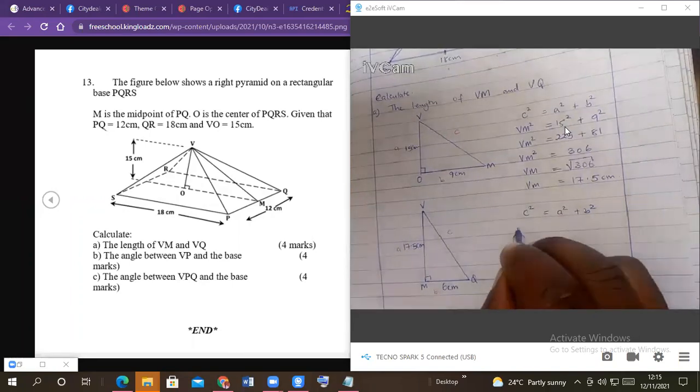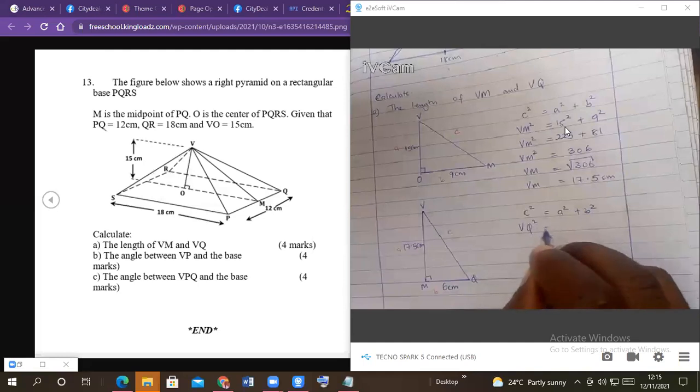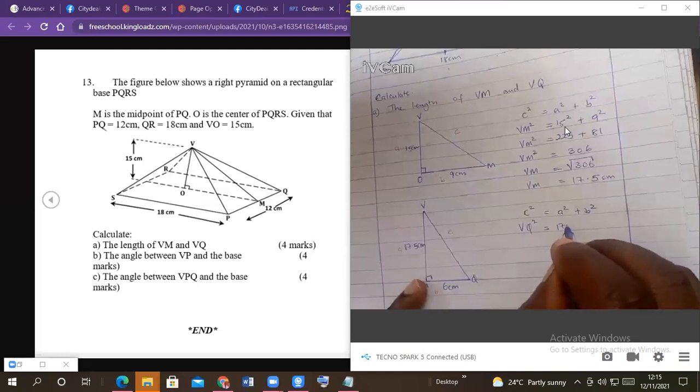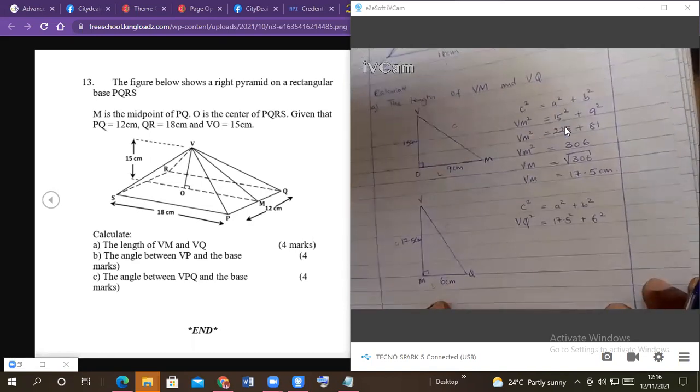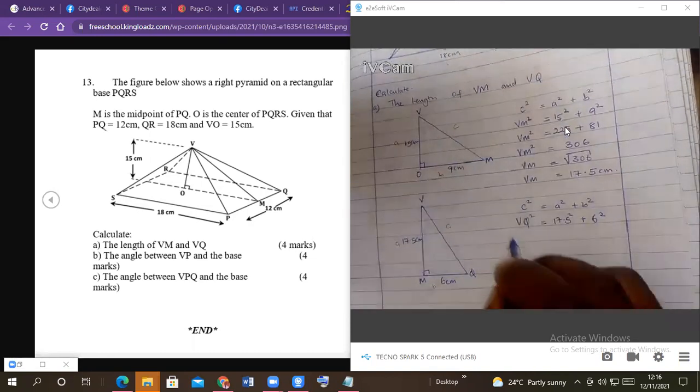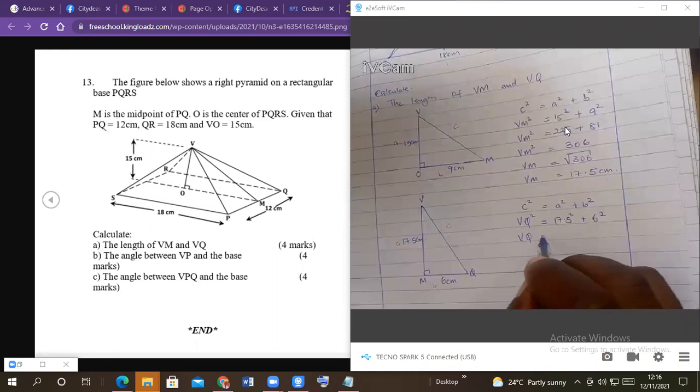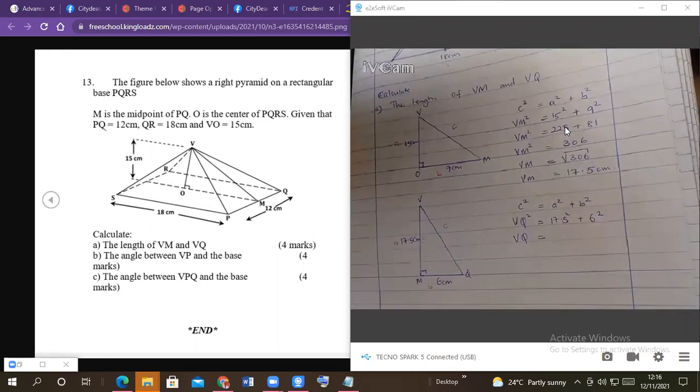So my VQ squared is equal to 17.5 squared plus 6 squared.